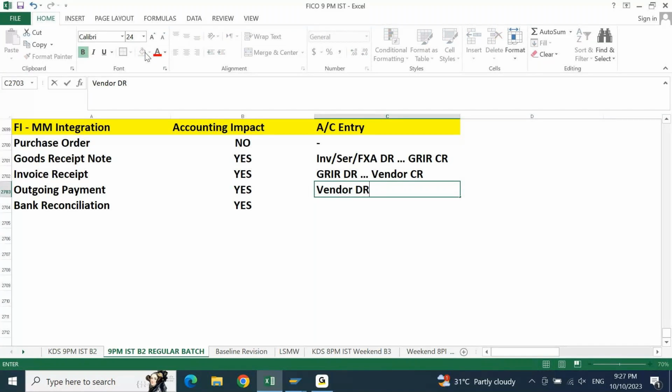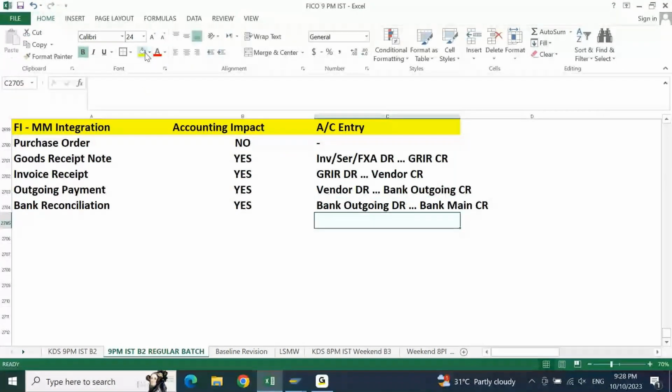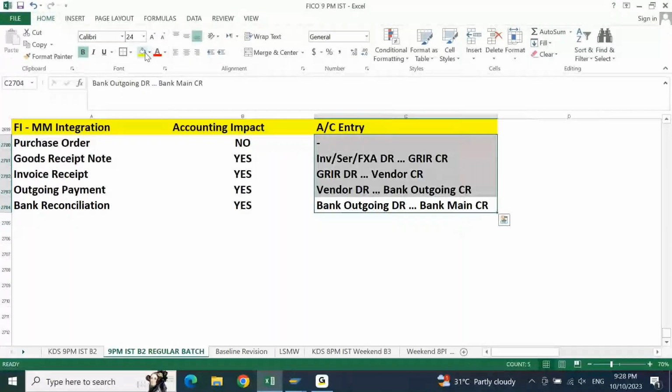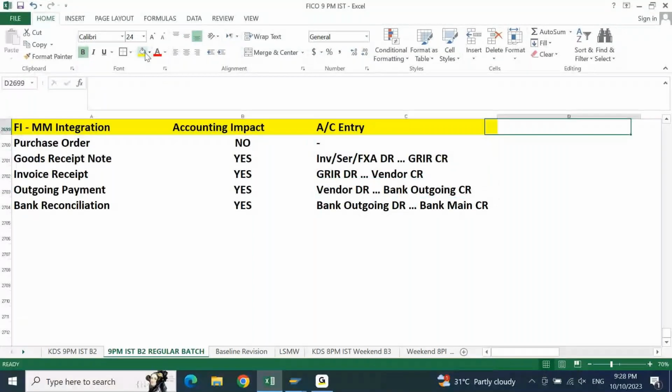During outgoing payment, vendor debit, bank outgoing credit. During bank reconciliation, bank outgoing debit, bank main account credit. In short, these are the accounting entries that will be recorded during your FIMM integration.